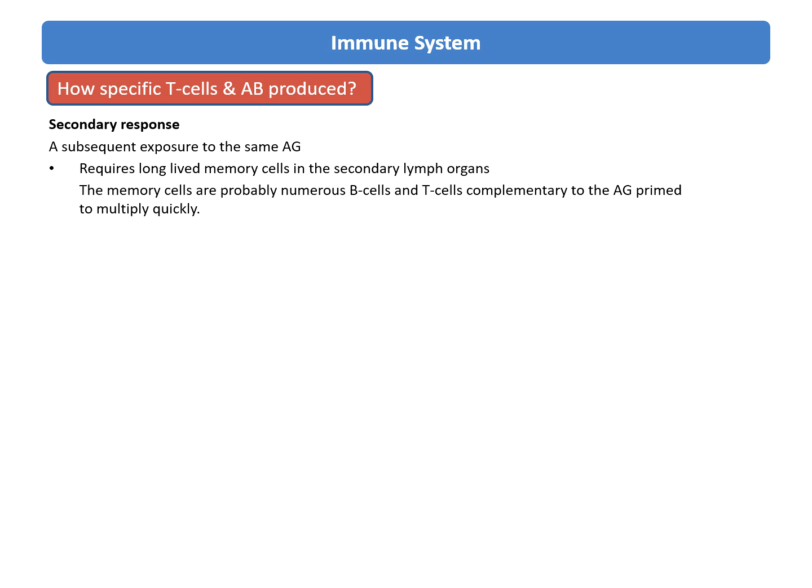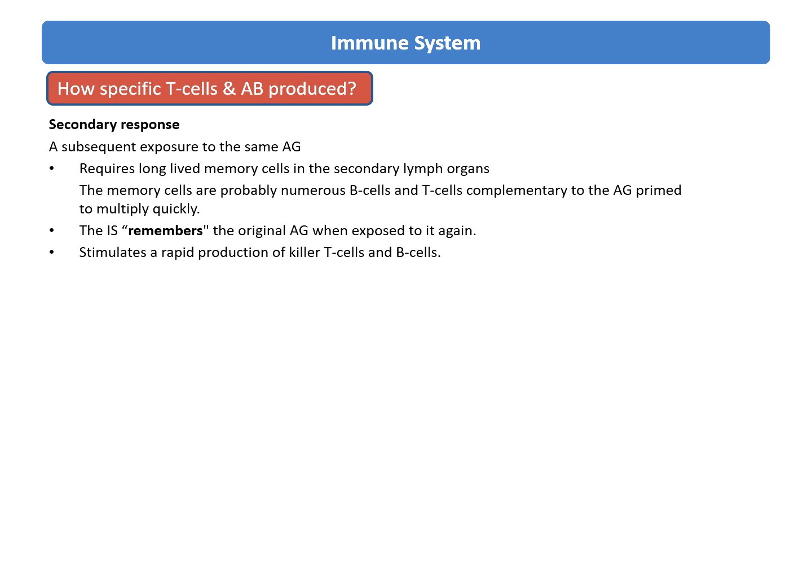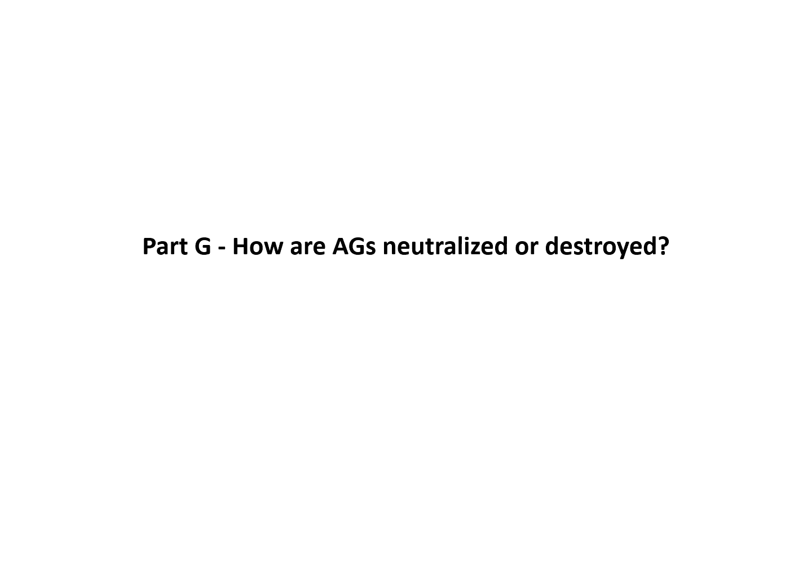The memory cells are probably numerous B cells and T cells that are complementary to the antigen, and they're primed to multiply very fast. So the immune system, in effect, remembers the original antigen when exposed to it again. It stimulates a rapid production of killer T cells and B cells.